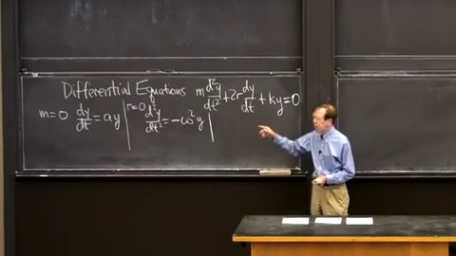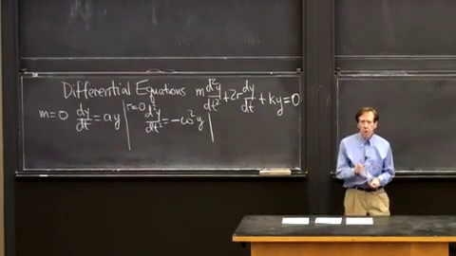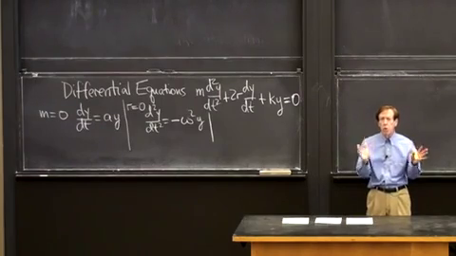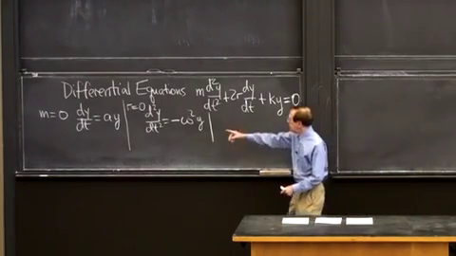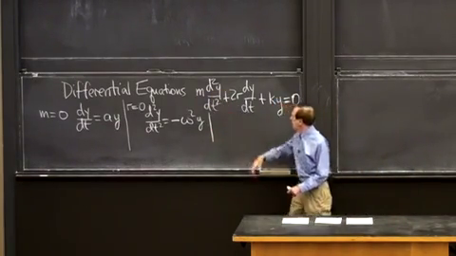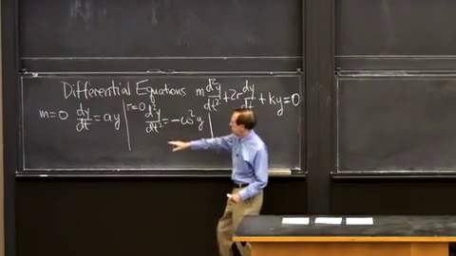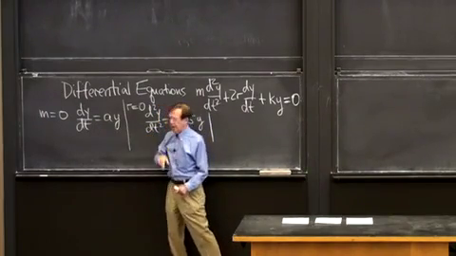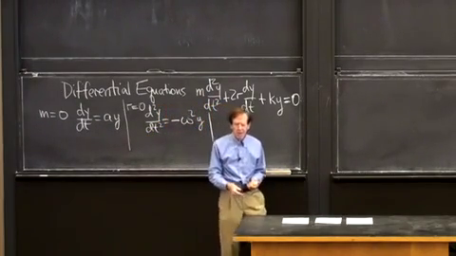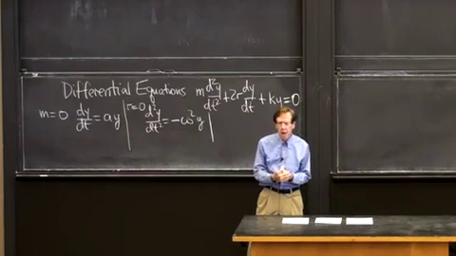Let me take two or three special cases where those functions appear purely. So the one special case is if I knock out the second derivative term, and let me just rewrite it in the way it looks easiest and best.